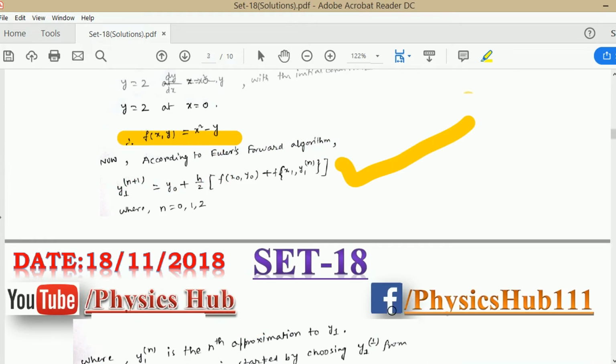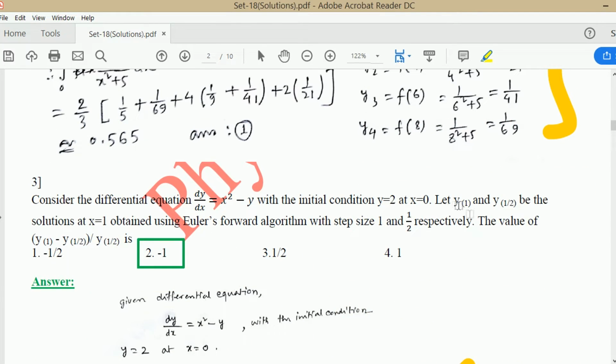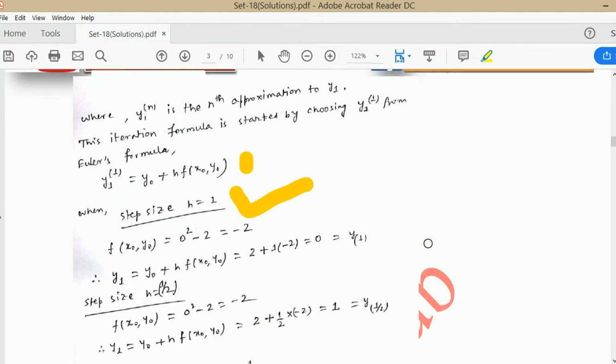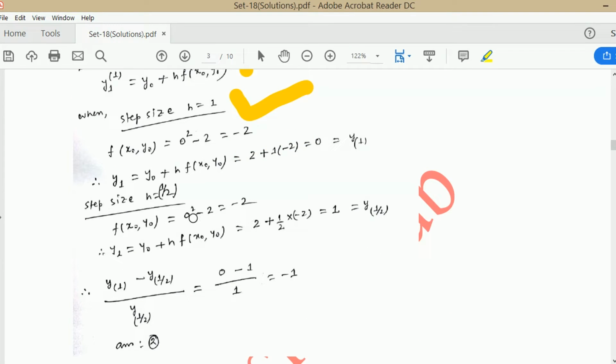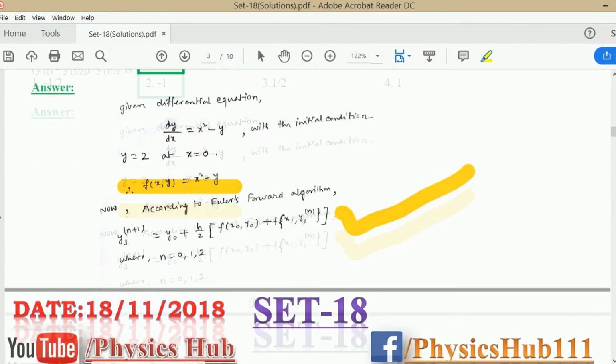Now we calculate with step size h equals half, and we get y half equal to 1. We are asked to find (y1 minus y half) by y half, so we put 0 minus 1 by 1 equals minus 1, and it is matching with option 2.